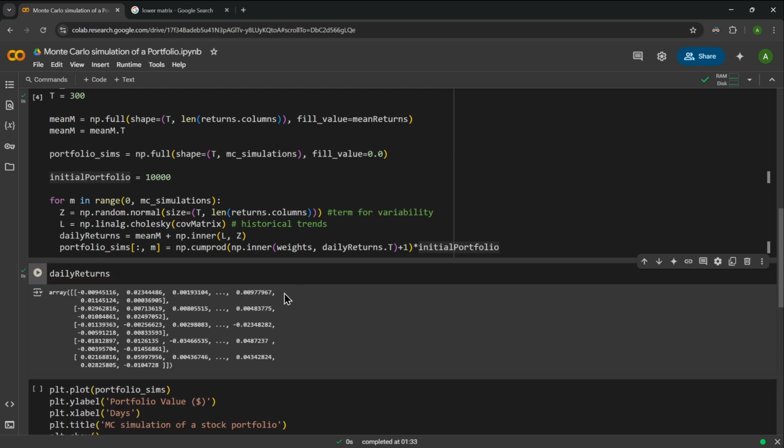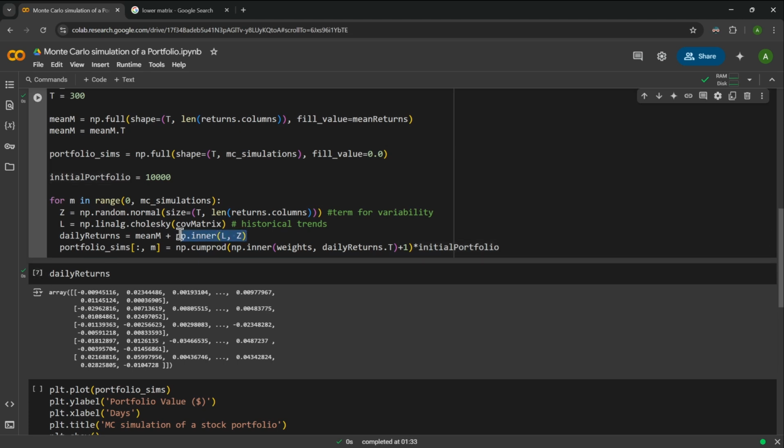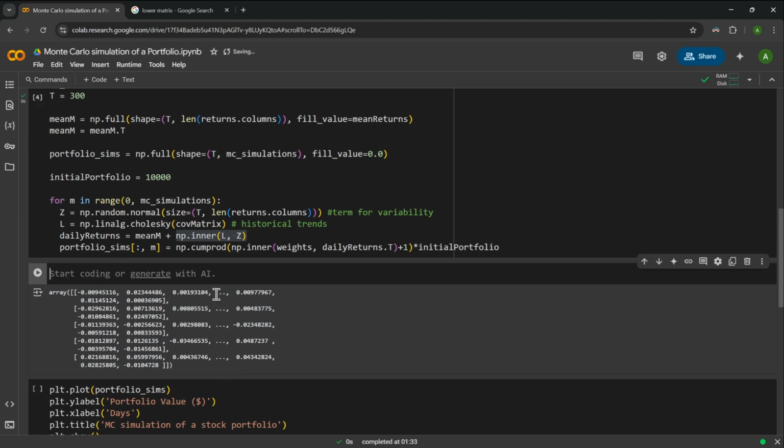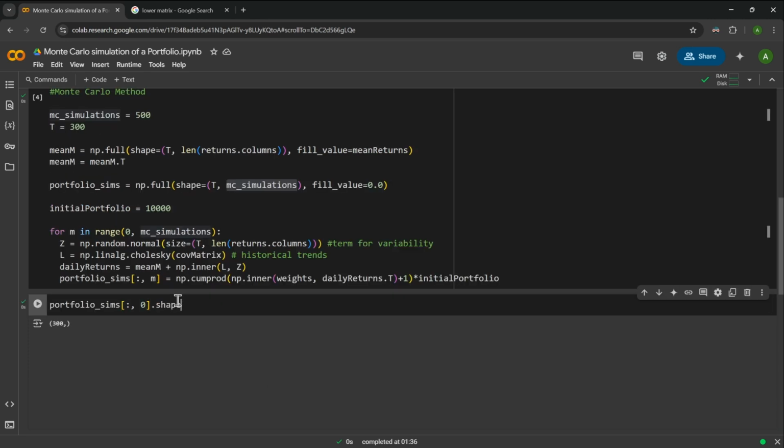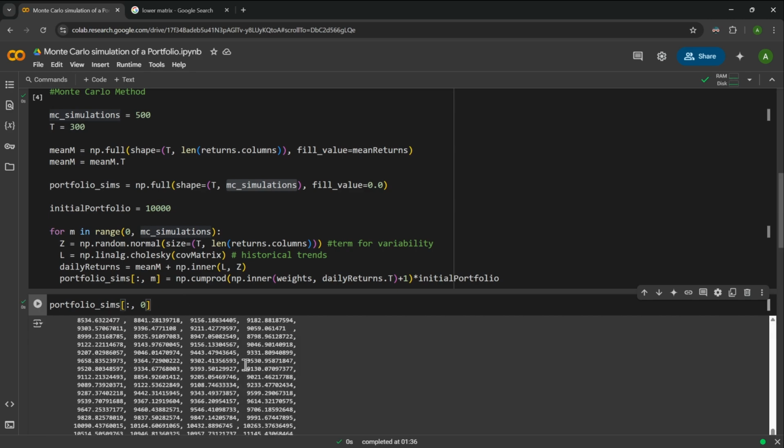Sorry. Yeah, and this is the daily returns. So some days we get a small negative return, some small positive. You can see that because of the variability that we have introduced here according to historical trends, we are getting different possibilities. Let's look at portfolio sims now. Yes.